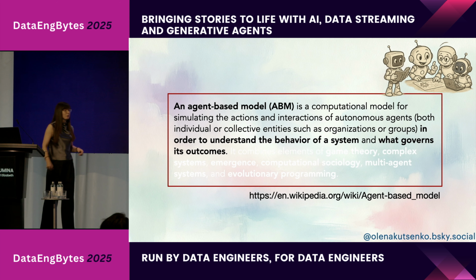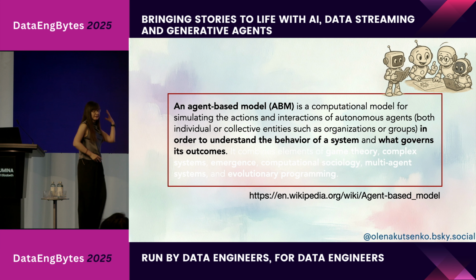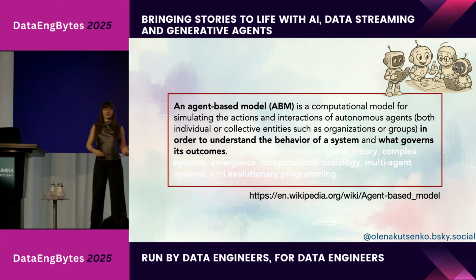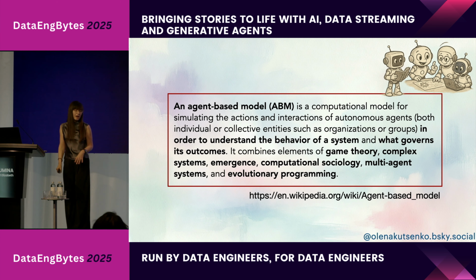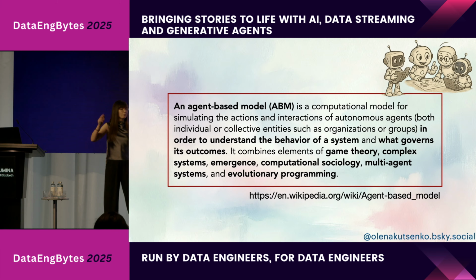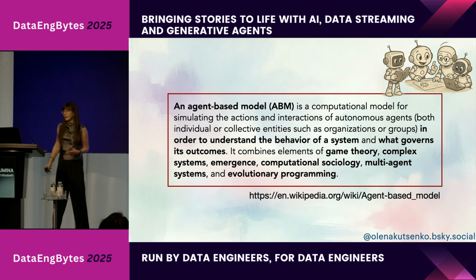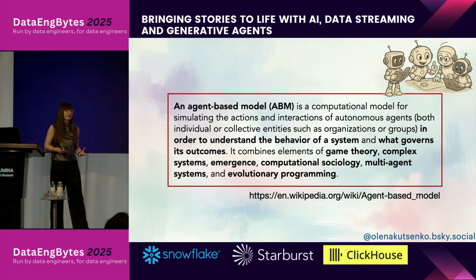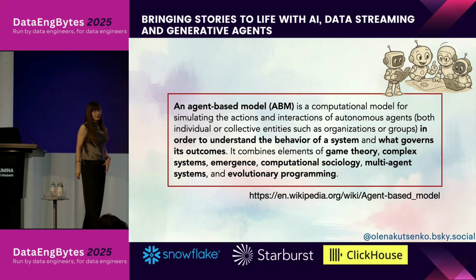Then we want to simulate the behaviors and see what is happening with the system to come up with some conclusions. And for this, apart from LLMs, which are emerging, there are a lot of different computational approaches I use. We have computational sociology, we have evolutionary programming, and we generally apply things like game systems and so on.